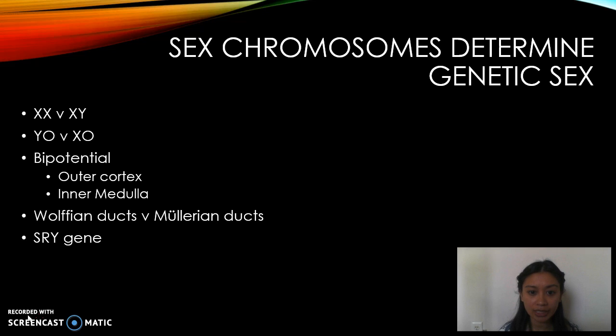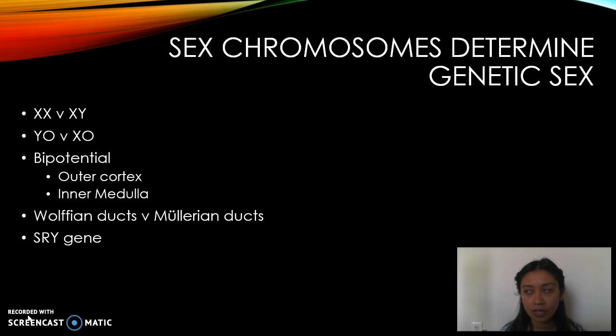Things that compose the bipotential external genitalia include the genital tubercle, the urethral fold, the labioscrotal swelling, and the urethral groove. Sex determination also depends on the presence or absence of the SRY gene, or the sex-determining region of the Y chromosome.